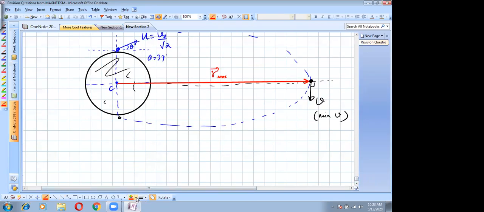So conservation of angular momentum: mu cos 37 degrees into r is equal to mv r, where v is the minimum velocity, r is the maximum distance. Because only at that point this angle will become 90 degrees.